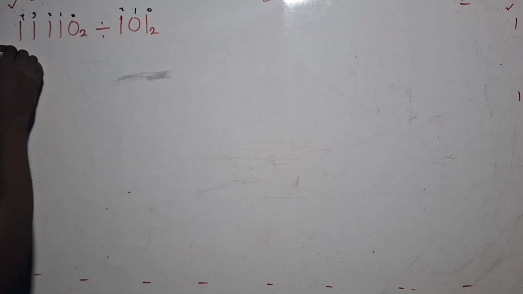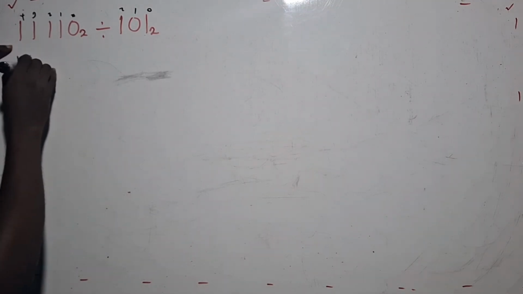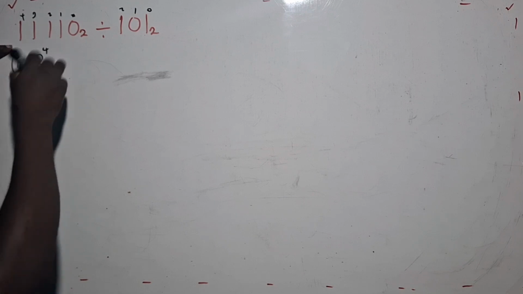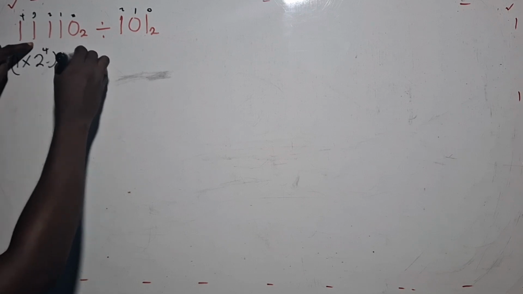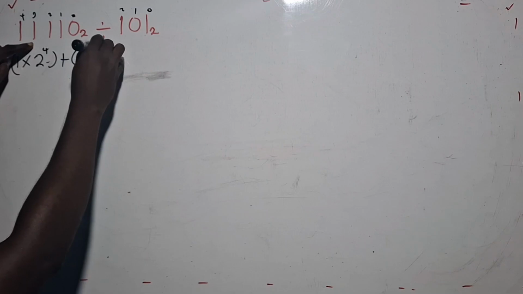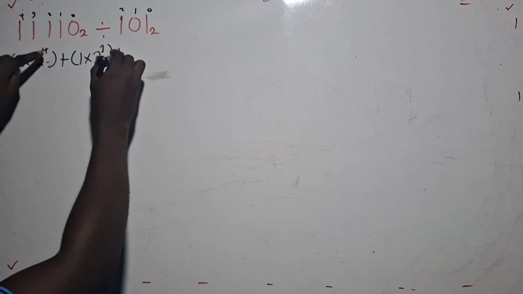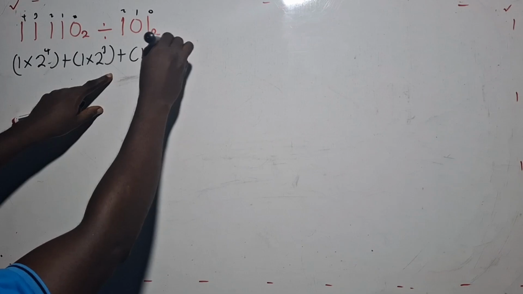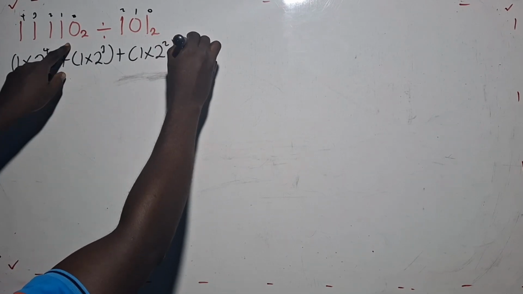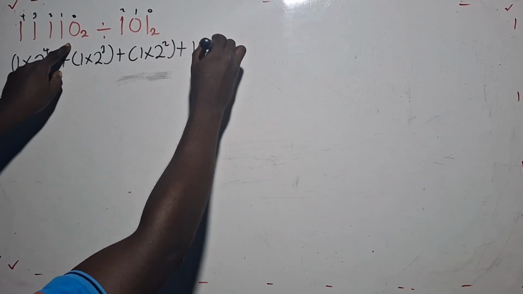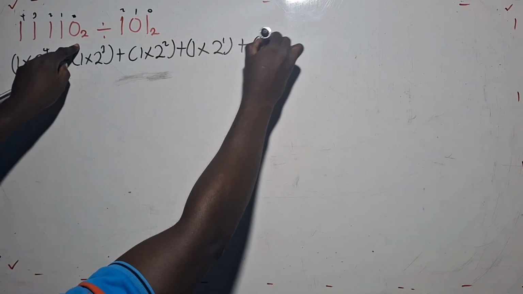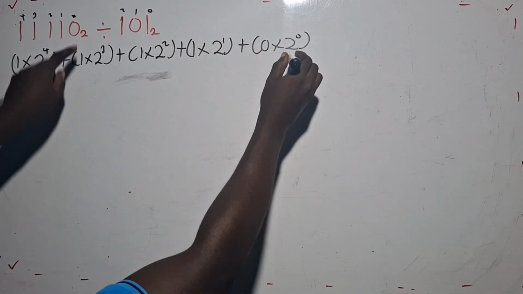So I'll start from here. 1 times 2 power 4, plus 1 times 2 power 3, then 1 times 2 power 2 plus 1 times 2 power 1 plus 0 times 2 power 0.